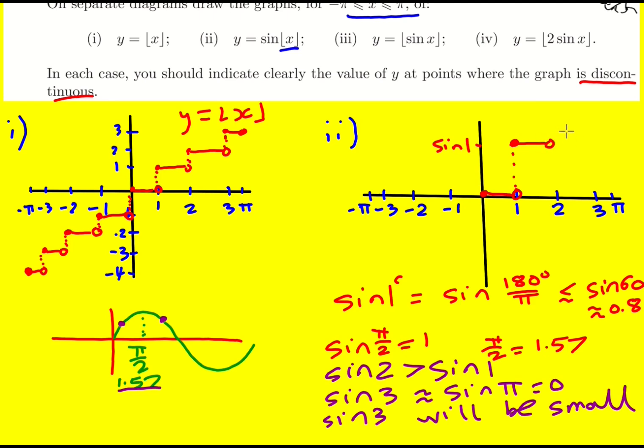And then jump up just slightly, sine 2. And then sine 3 is going to become quite small, so it's going to be like down here somewhere. And we're going to go along and actually going to have a value here as well.